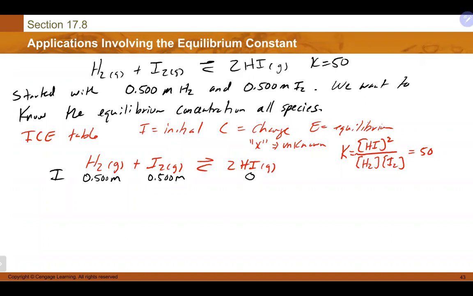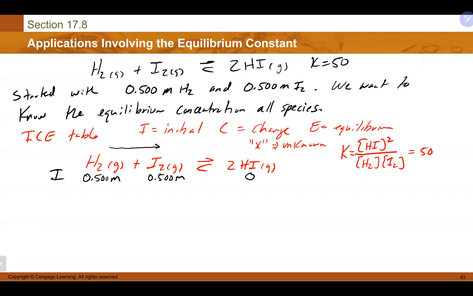Because we really don't have products there to start with, we should expect this reaction to start out as the forward reaction, because all we have are reactants. So we should expect this reaction to head in this direction.